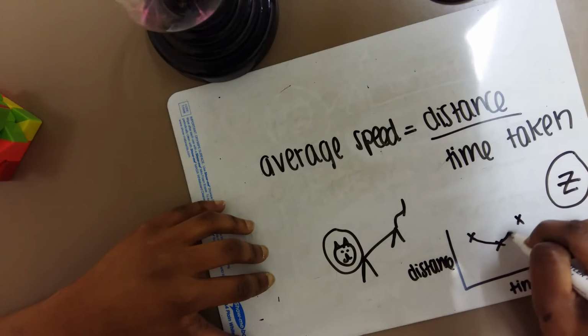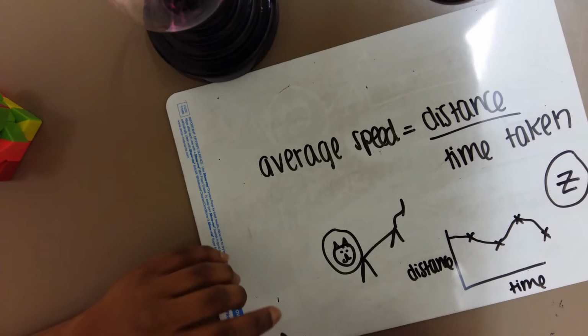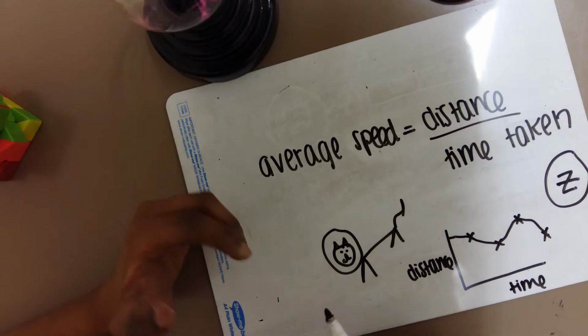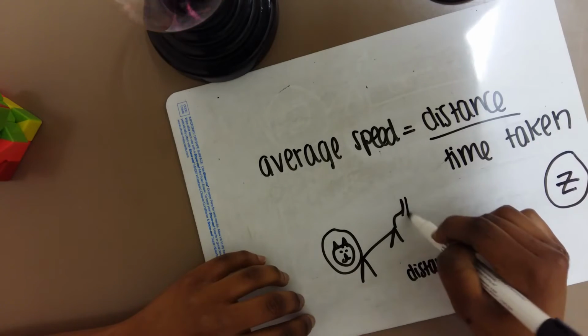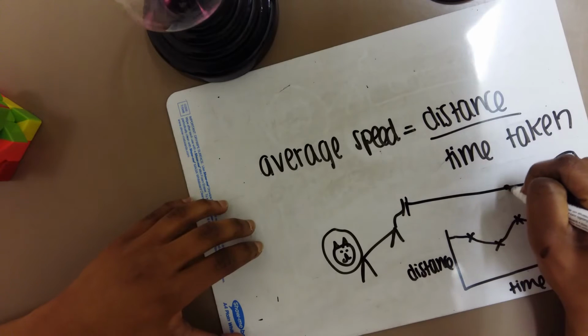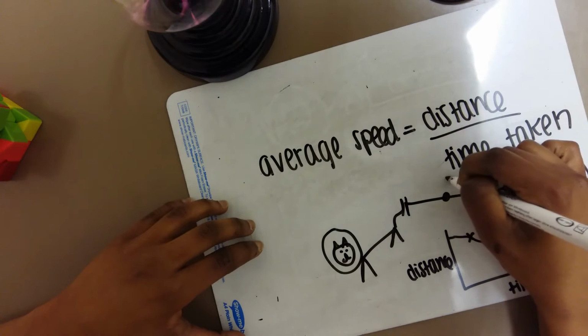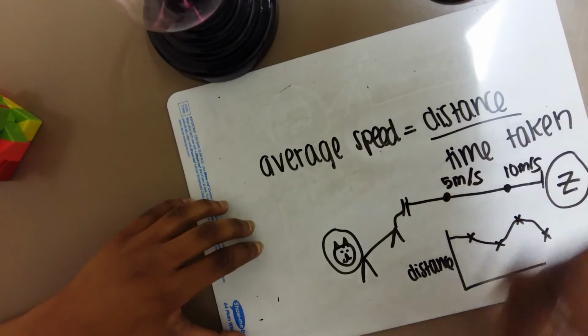It can be variable, it can be changing. It doesn't always have to be straight lines. So what this means is the speed of the kitty as it's moving away from Zargon isn't always the same. At this point, it could be moving at 10 meters per second, and at this point, it could be moving at 5 meters per second.